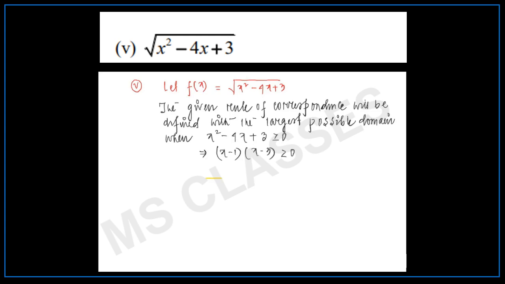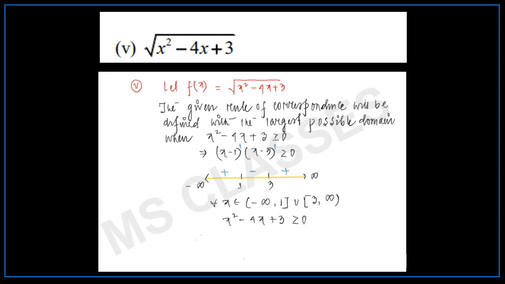We take here number line minus infinity, infinity, 1, 3, plus on the right hand side of the highest critical point, power or sign change. What do we need? Greater than equal to 0. So that means for all x belongs to minus infinity, 1 union 3, infinity, x square minus 4x plus 3 greater than equal to 0.